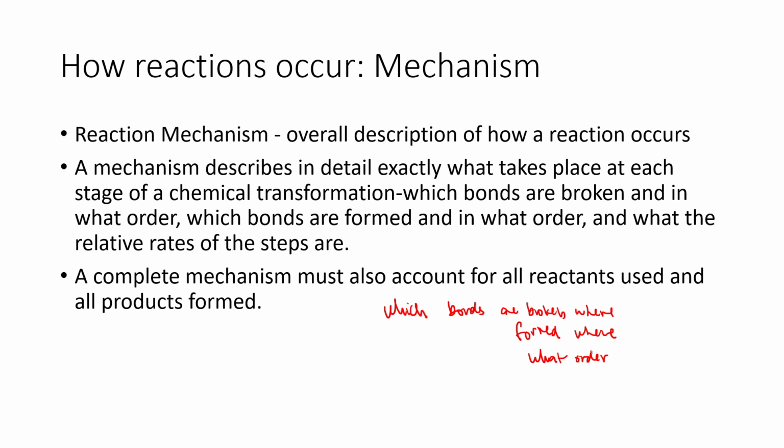As you move on through organic chemistry, you will be encountering that the order of which bonds are broken and which bonds are formed are very important, and what the relative rates of the steps are. And finally, a complete mechanism must also account for all the reactants used and all the products formed. Meaning, if you use a certain number of molecules or atoms, they must all be accounted for after the reaction has finished. Where did they go? Where did they come from? Should also be described.